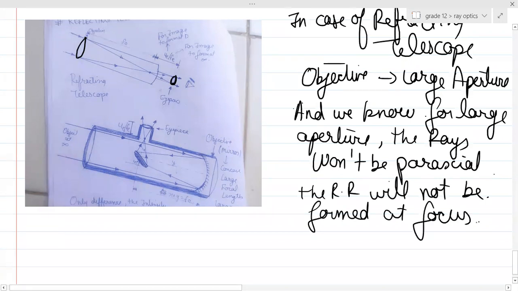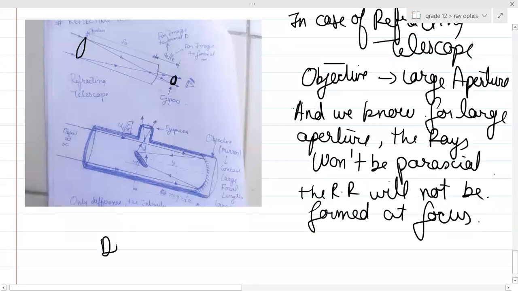Since the objective in the case of a refracting telescope has a large aperture, the rays will not be paraxial, hence the image won't be formed at focus.